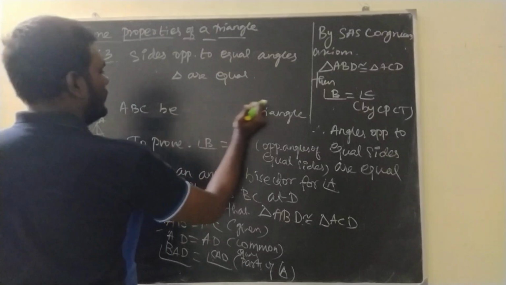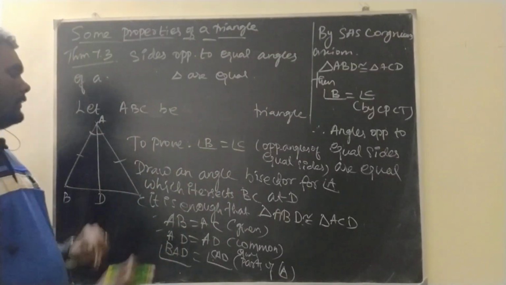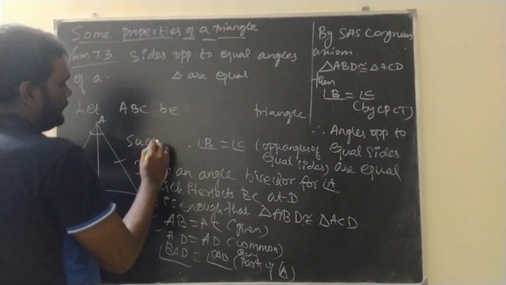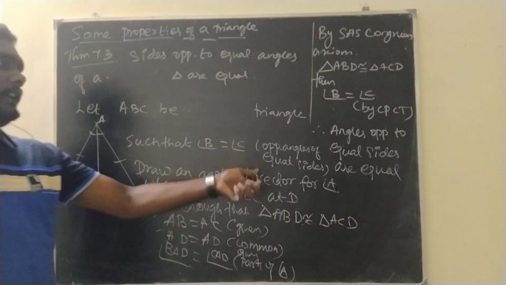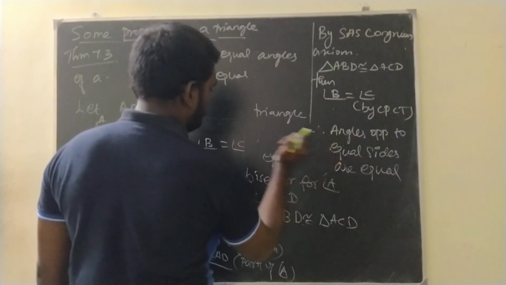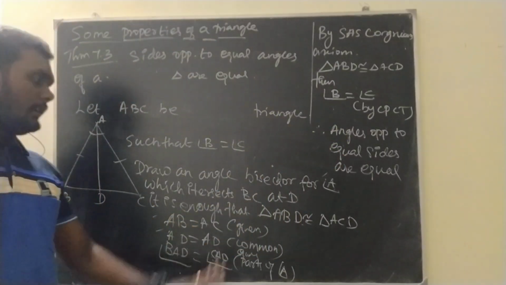This "such that" part is not needed. And it is given that, or else you can take such that angle B equals angle C. Now the same thing we'll do.